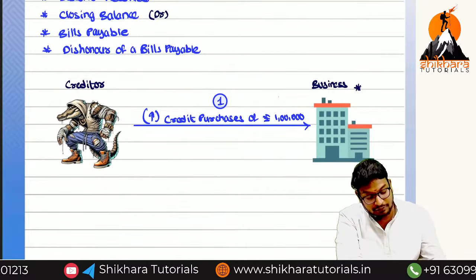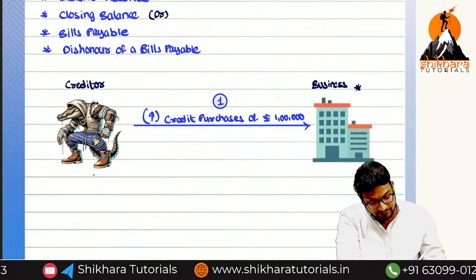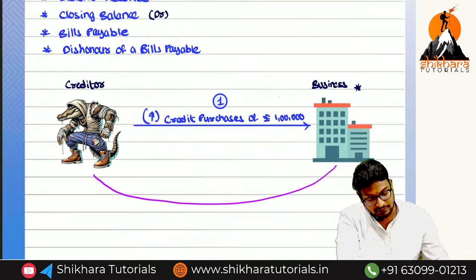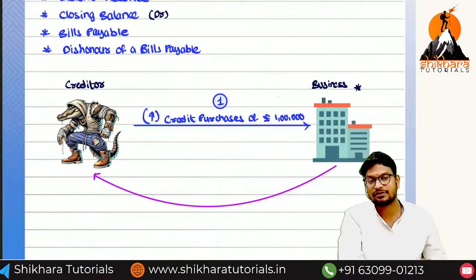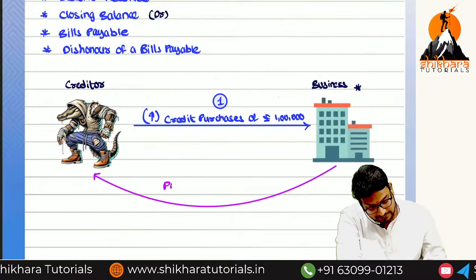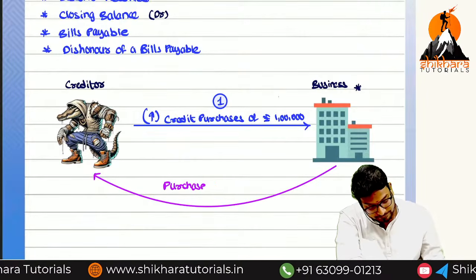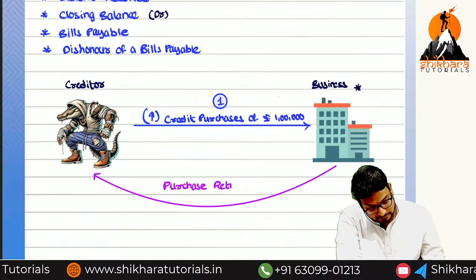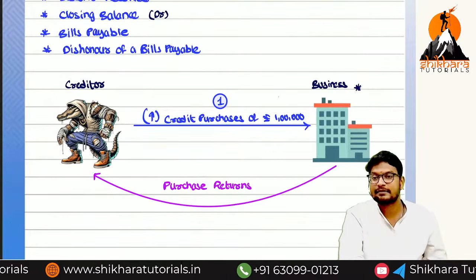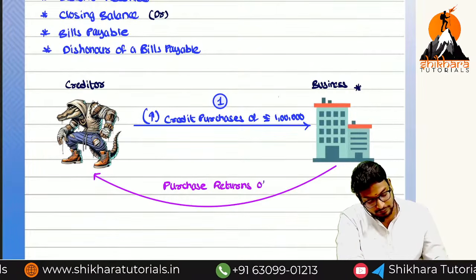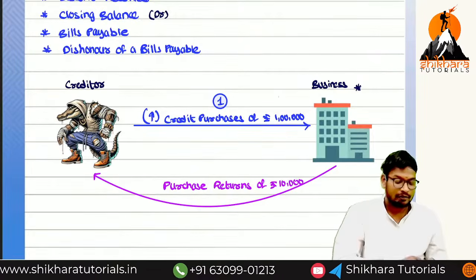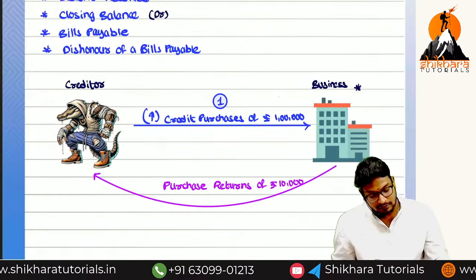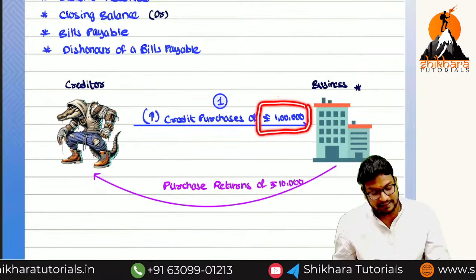After that, what are we going to do? If we have any defective items, we are going to return them to the creditor. What is the meaning of this? Purchase returns. So in the case of purchase returns of rupees 10,000, initially what is the amount of liability we have? 1 lakh.